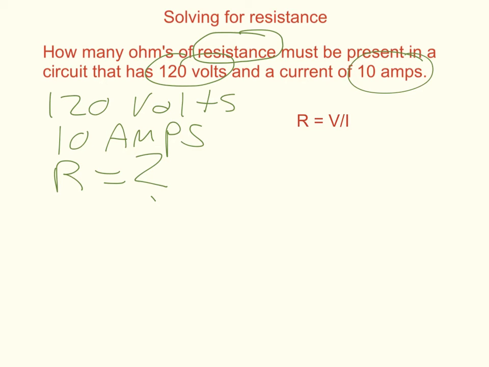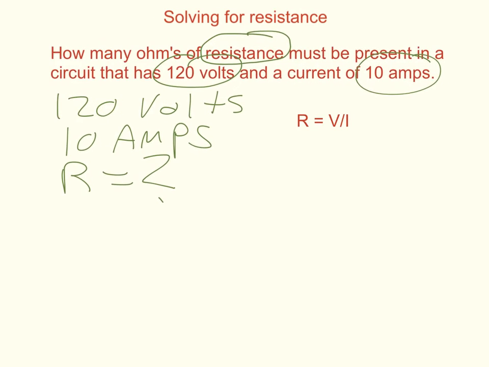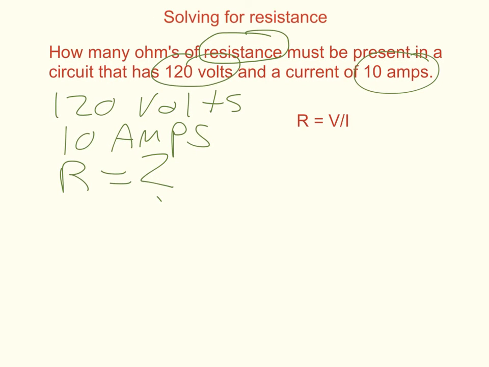Conveniently located here is that resistance is equal to V over I, or voltage over current. So let's figure out what my variables are. Volts, excellent, V's, are going to give me my volts means voltage, or V. And that must mean my amps are equal to my I, or my current.